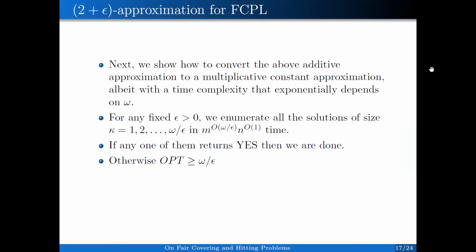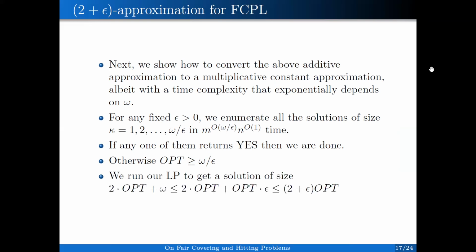And if any of them returns TS, then we are done. Otherwise, we conclude that opt is at least omega over epsilon. And that's why by using the additive approximation, we obtain the 2 plus epsilon multiplicative approximation.